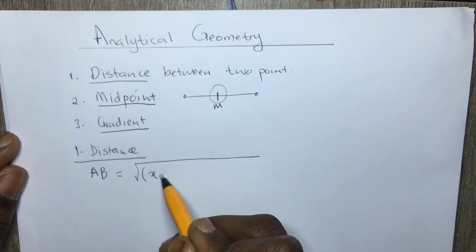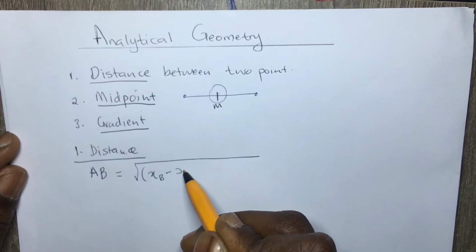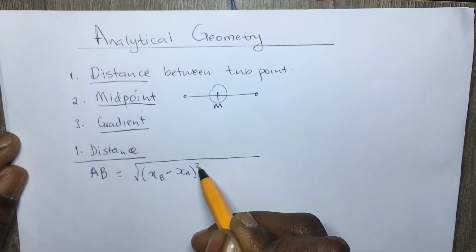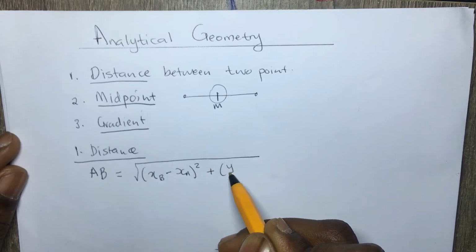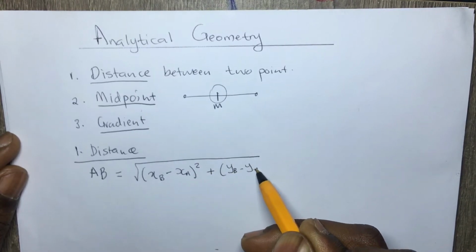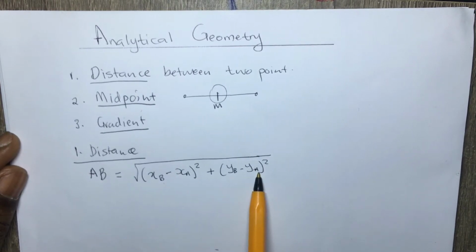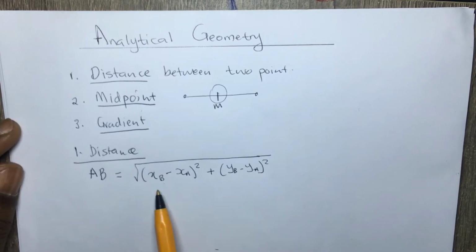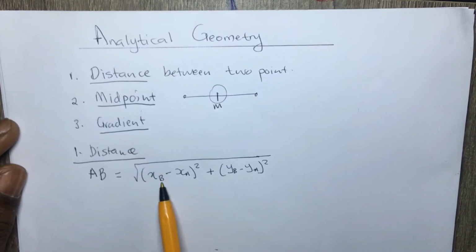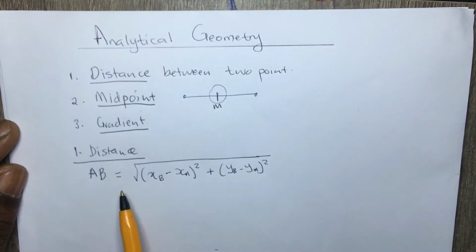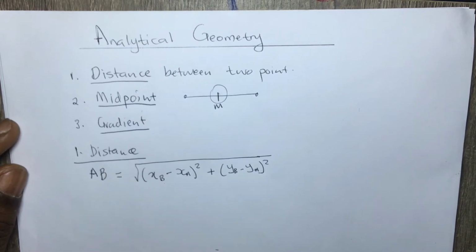The difference between the X coordinate of B and the X coordinate of A, squared, plus YB minus YA, squared, all under a square root. On the subscript, usually it's X2 minus X1, Y2 minus Y1. It does not really matter which one you put there, but I'm just using this to show you which X coordinate we are taking.